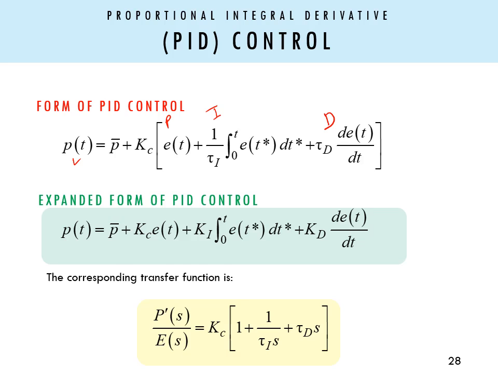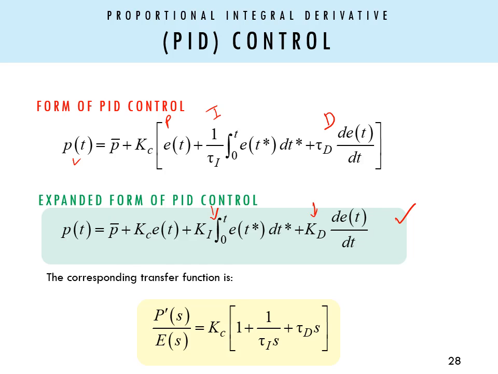And the expanded form of the PID controller is given by this equation. Controller output is equal to P bias plus Kc, the controller gain of the proportional term, times e(t), plus Ki. Ki is the controller gain for the integral term in the PID controller, and also Kd.